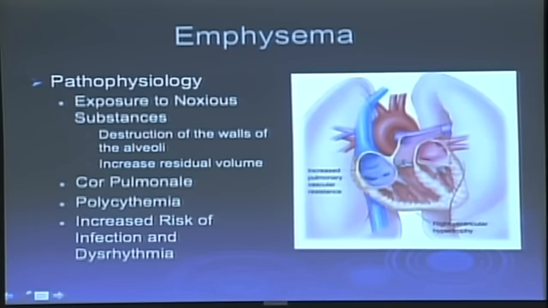They develop polycythemia. Polycythemia means your red cell count goes up, because if you're not getting enough oxygen through your lungs, one of the ways to compensate is to increase the red cell count to carry more oxygen. The problem with polycythemia is that thicker blood moves with more difficulty.